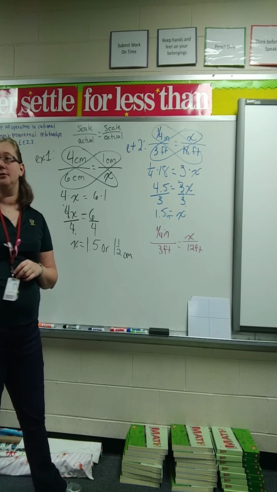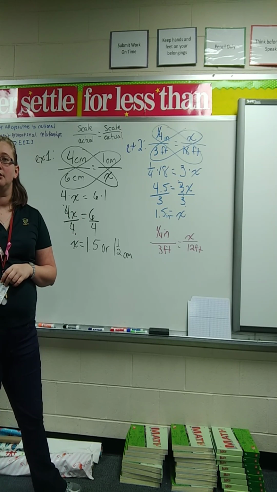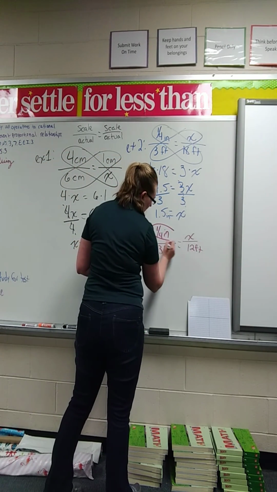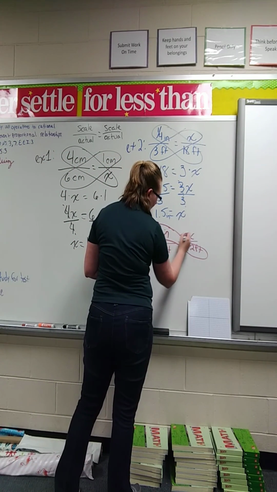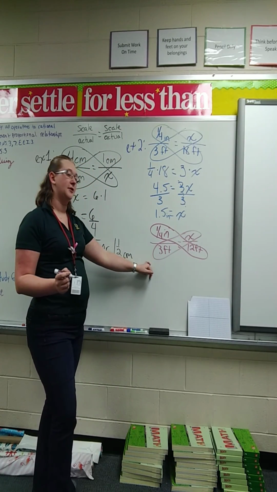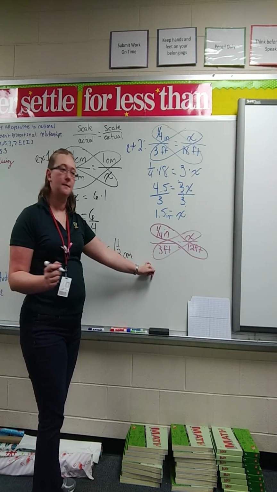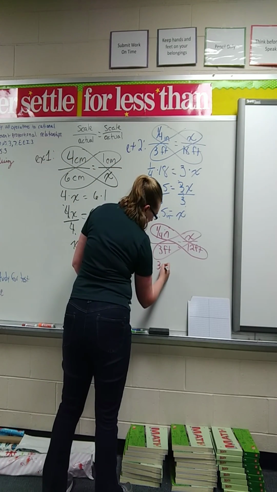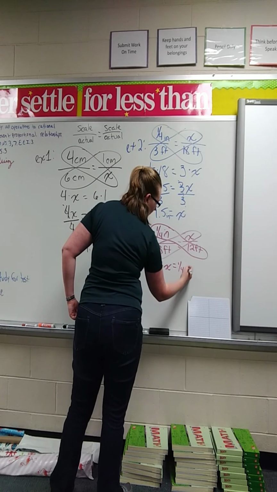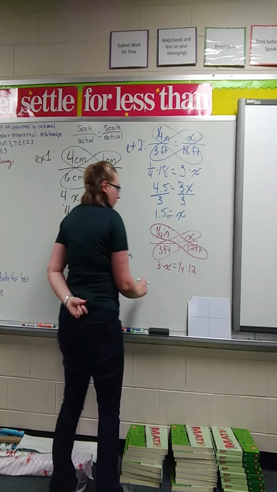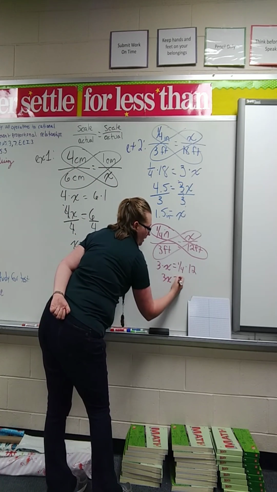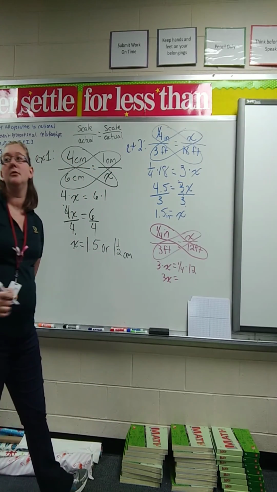So now I cross multiply. 3 times x equals 1/4 times 12. 3 times x is 3x. 1/4 of 12 is 3.